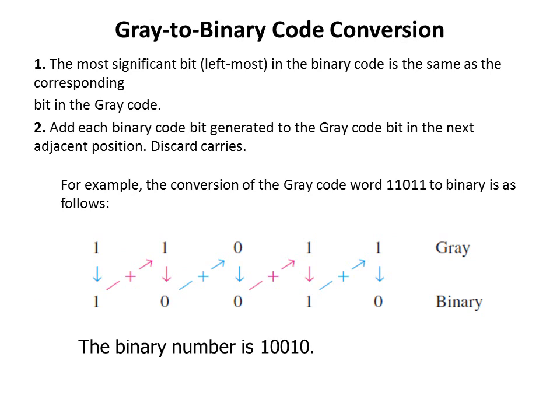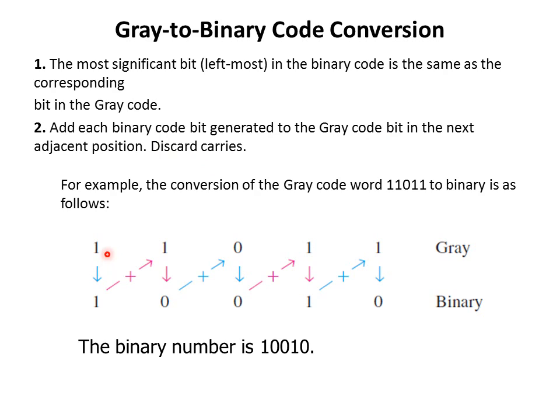Similarly, we can convert a Gray code to binary code. The calculation is as follows. The most significant bit, the leftmost bit in the binary code, is the same as in the Gray code. Here 1 remains the same. Add each binary code bit to the Gray code bit in the next adjacent position and discard the carries.